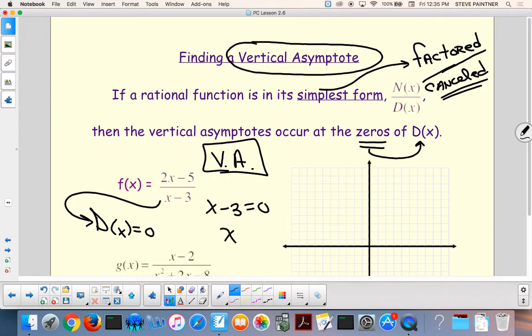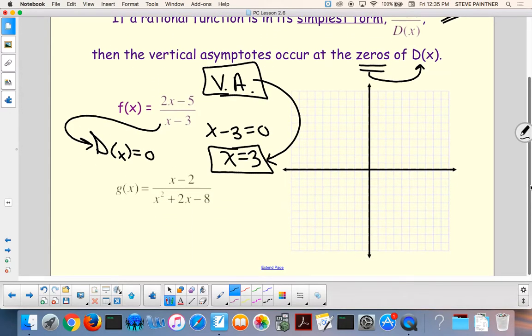When x equals 3. So your vertical asymptote to this problem is x equals 3. If you were graphing this, you might as well graph it and label it. So that's number 1.